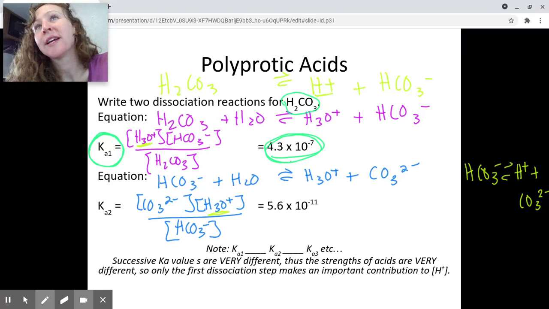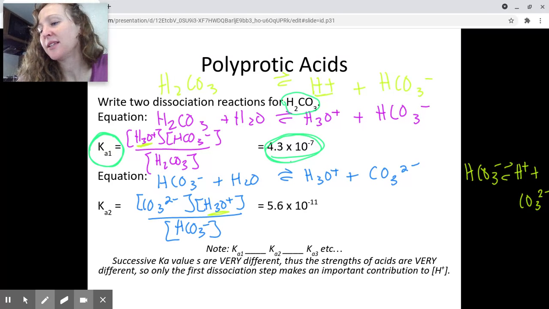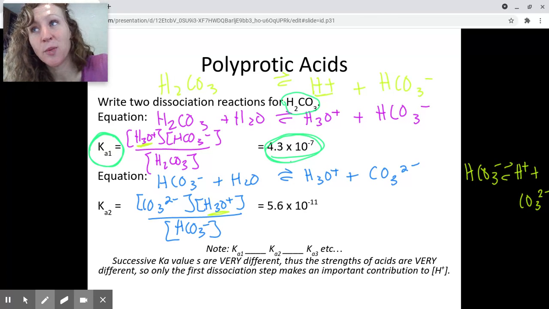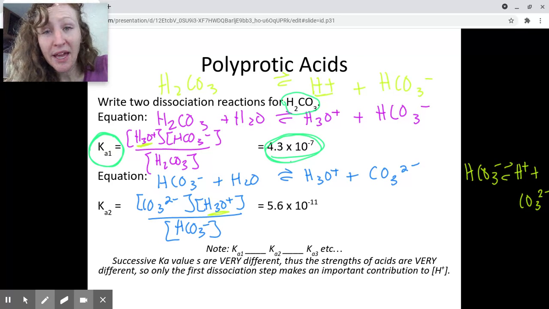Where do you find carbonic acid? You find it in sodas. This normally forms when you have carbon dioxide and water mixed together. A small amount of carbonic acid forms. And that's one of the reasons why pop is bad for your teeth.